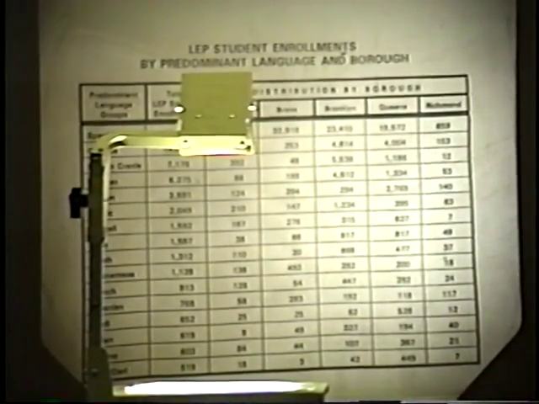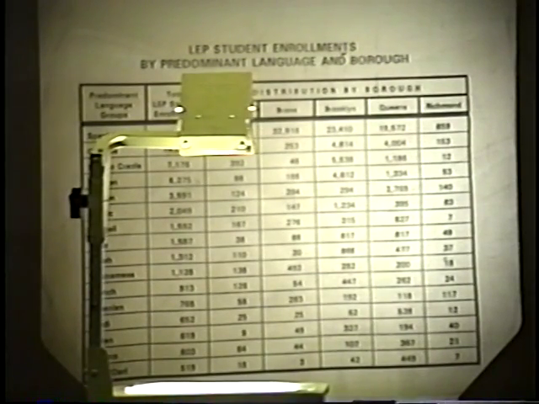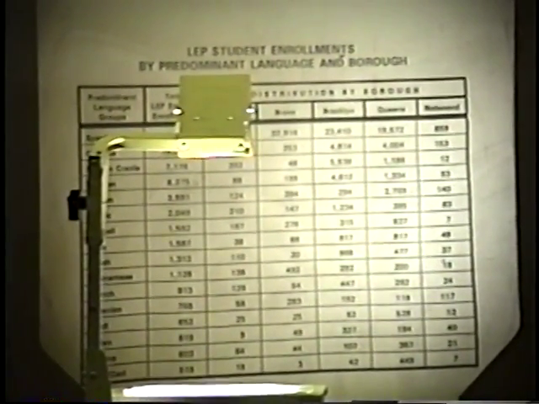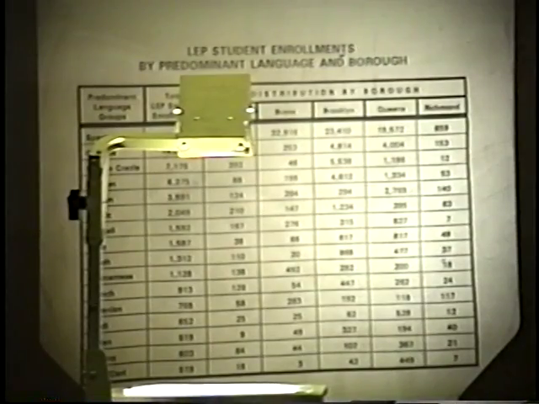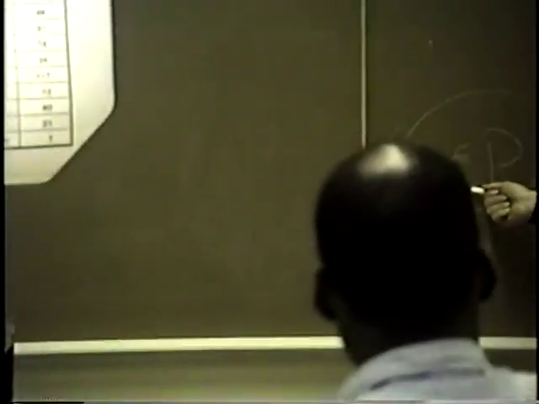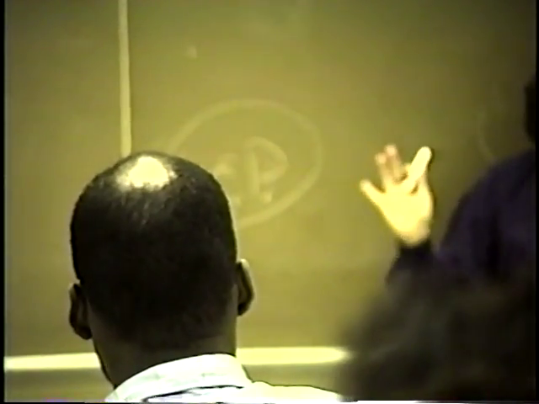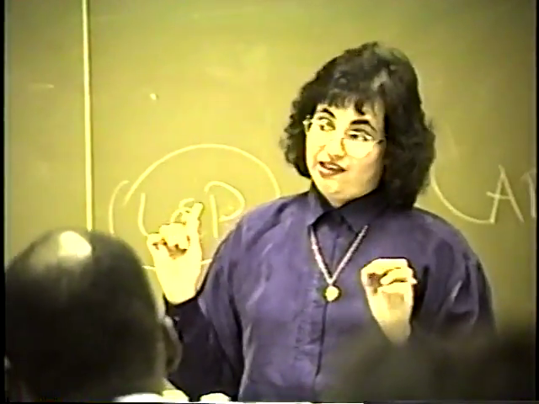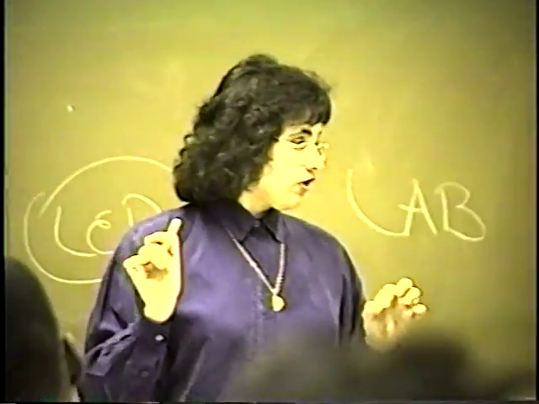Now, I want to challenge you today to think about this. We need this title in our city because it depends on this title that our children are receiving the services that they need. This is a title used for entitlement, okay, and it's a legal term. But I want you to expand the meaning of that title that we give our students and not think of them just as limited English proficient.